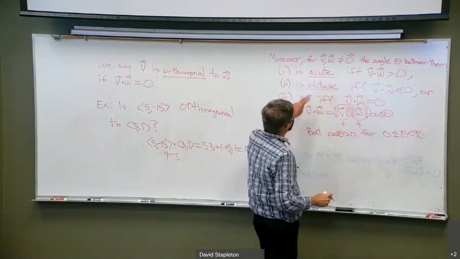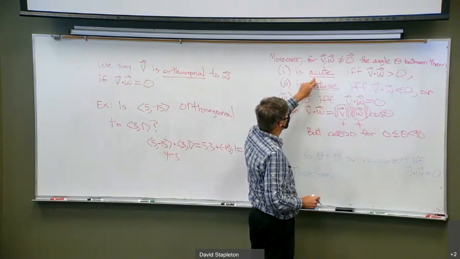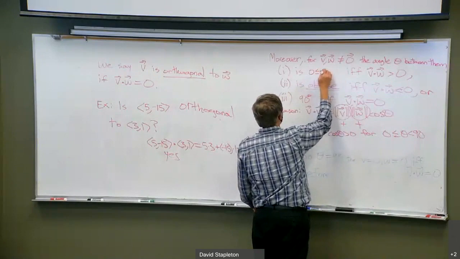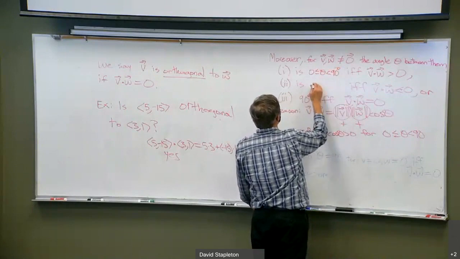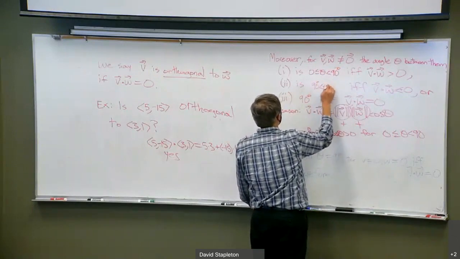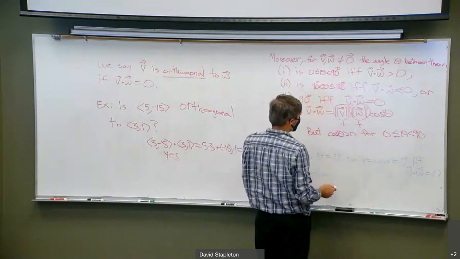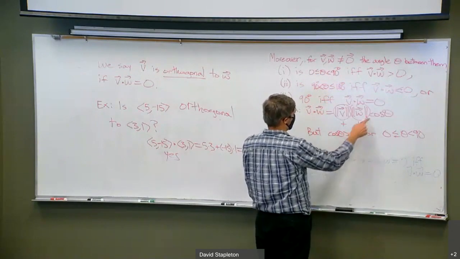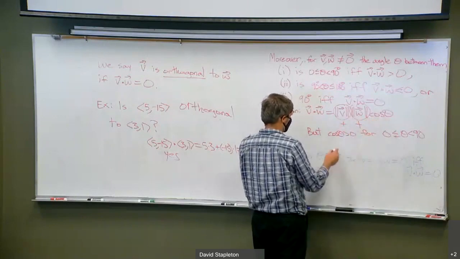Instead of saying acute, I need to include the 0 angle here. Let's write it this way: 0 less than or equal to theta less than 90 degrees. For this one, 90 degrees is less than theta, less than or equal to 180 degrees. So that's obtuse or 180 degrees. All right, so cosine theta is positive for theta between 0 and 90, so that shows you'll get a positive number if and only if the angle's between 0 and 90.